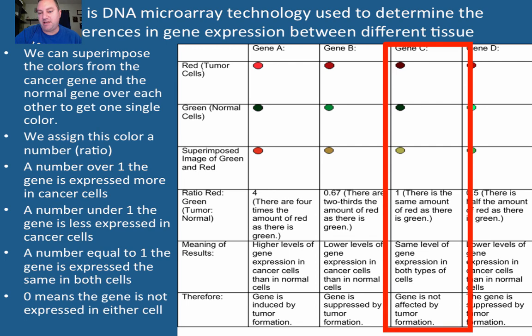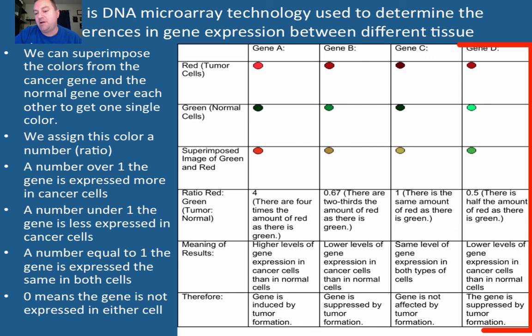Now in gene C, it's 1, which means there's the same amount of red and green. So this gene's not affected by tumor formation. If you look over here in gene D, we have lower levels of gene expression in the cancer cells than in normal cells, so this gene is suppressed by tumor formation. Okay?